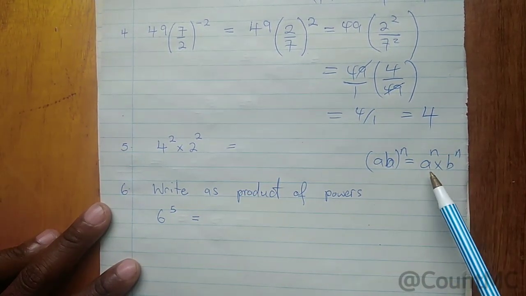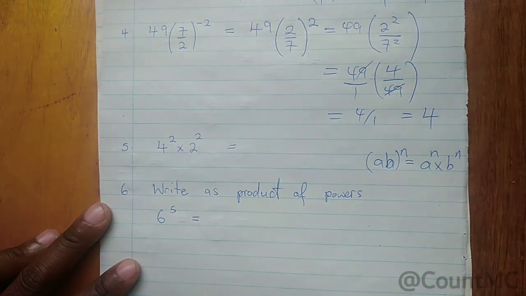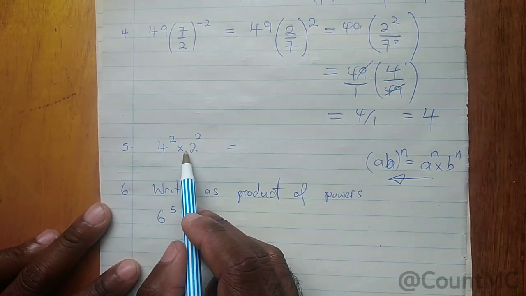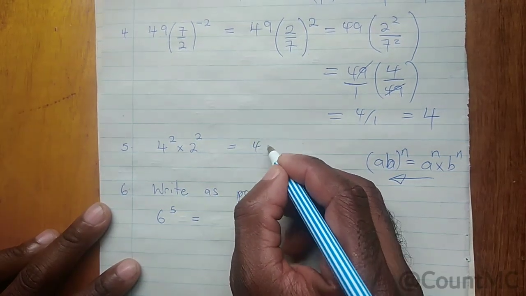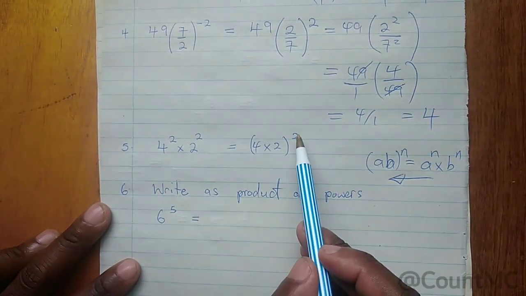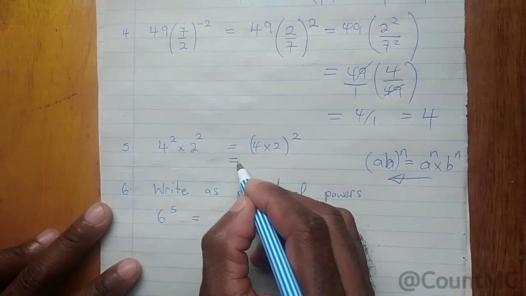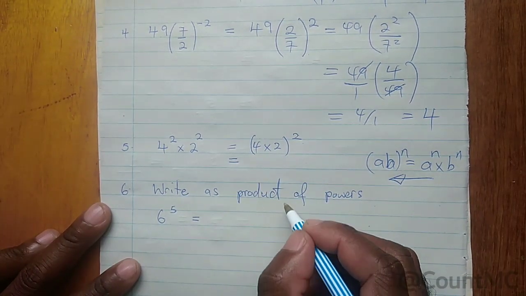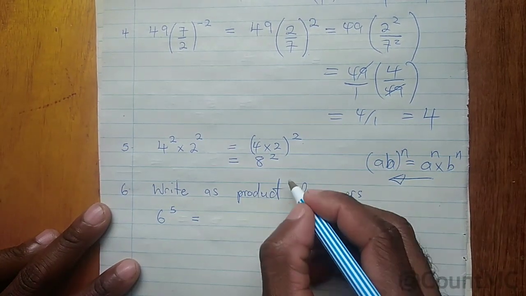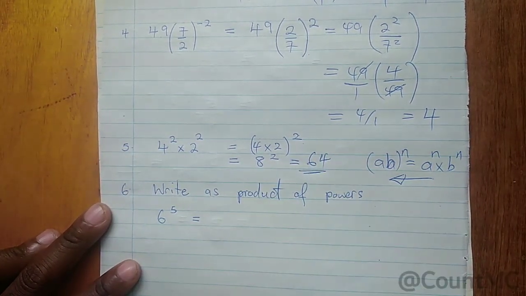It doesn't matter if the bases are the same or not. We are dealing with this law going backwards. So basically this is 4 times 2 to the power 2. This 2 was distributed inside to give you this. So 4 times 2, that's 8. So it's 8 to the power 2, and your final answer is 64.